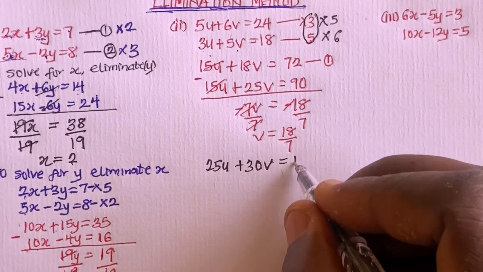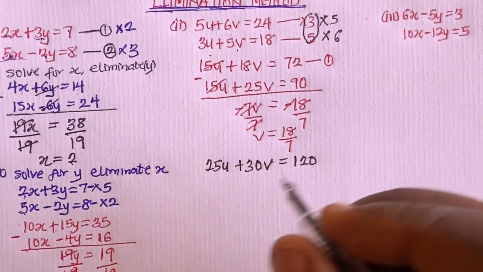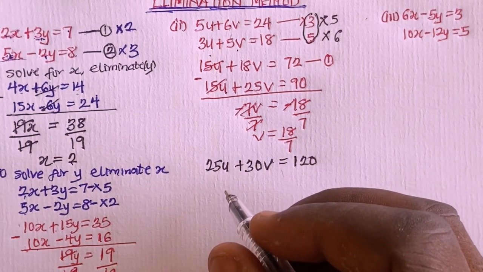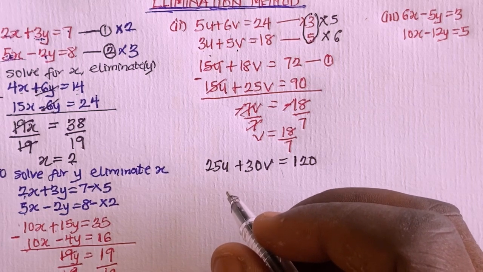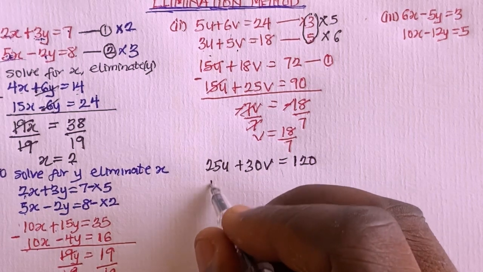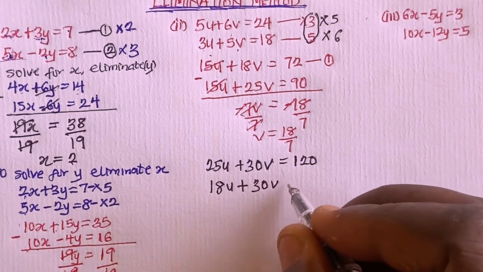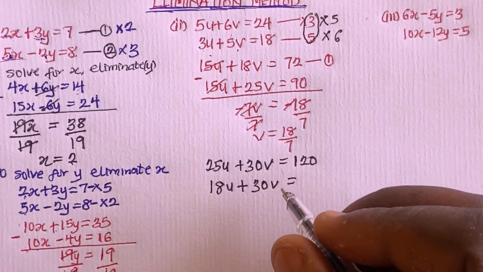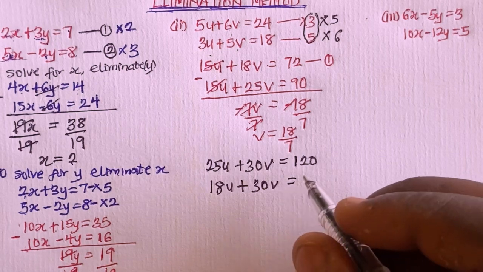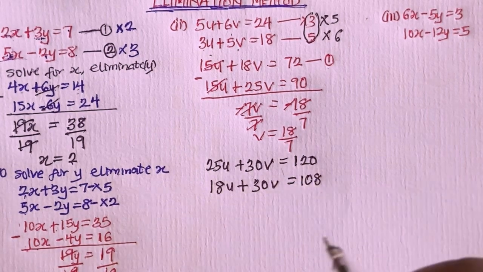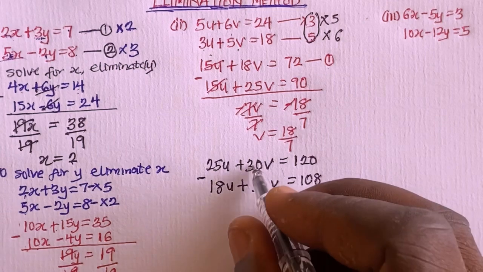Then let's multiply by 6 again. That's 3 multiplied by 6, that's 18u plus 30v again, equal to 18 multiplied by 6, that's 108.